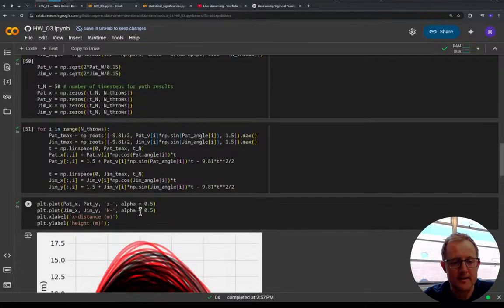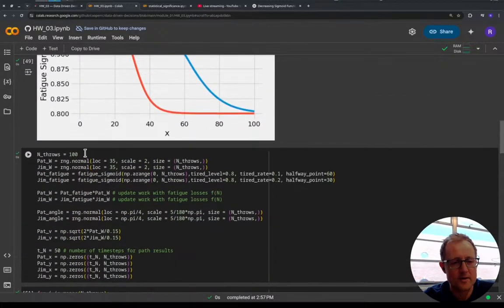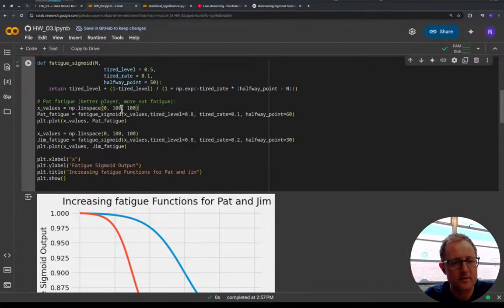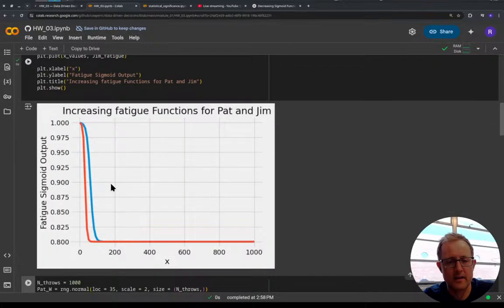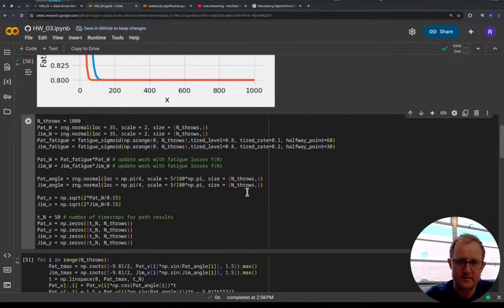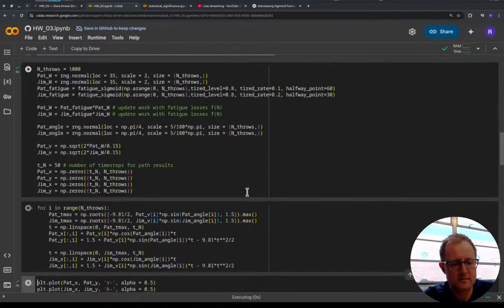But now the cool thing is if I increase the number of throws, like if I change this to 1,000, I force the two players to do 1,000, most of that is going to be swamped by my 80% performance. So I'm going to have over 800, over 900 throws where they're exhausted.